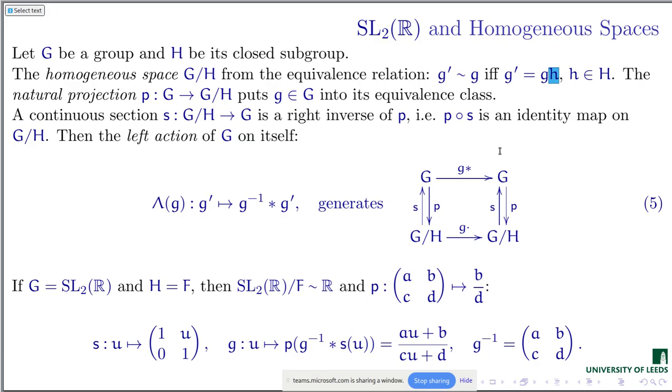on the corresponding homogeneous space. So in this way, we take an element from the homogeneous space, find its representative, multiply by G on the left, get an element of our group, and pick up just the equivalence class which contains that new element, so that we get the action of the group on the corresponding homogeneous space.